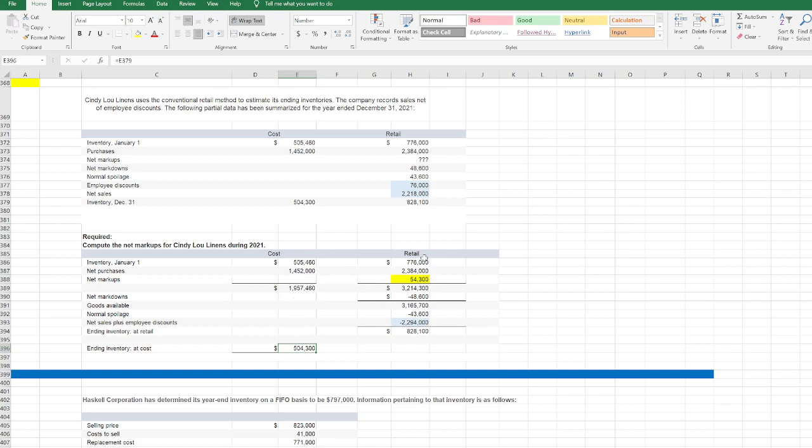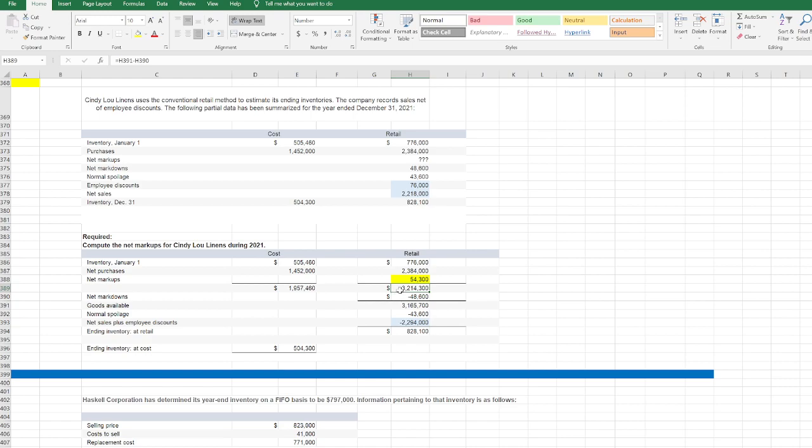So now we're going to start working backwards. We know we have 828,100, and we're going to add back the 2,294,000 and the 43,600 to get us 3,165,700. Then we're going to add back the markdowns of 48,600 to get us 3,214,300. Now we know everything but this number right here.